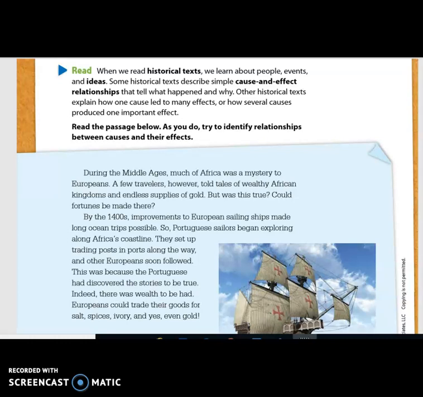And the answer is to buy groceries. So the cause was he needed to buy groceries, and the effect was he went to the grocery store. So when you're looking at cause and effect, you're looking at your why to be the cause and your effect to be what happened because of the cause.